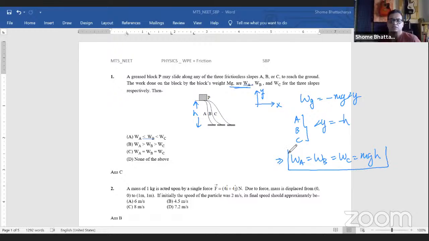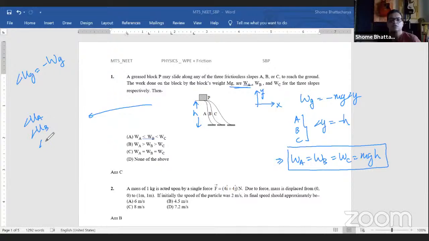That's one way to understand. Another way to understand is that the change in gravitational potential energy is negative of work done by gravity. So in all 3 cases, you can see that potential energy changes by the same amount in all 3. It changes by minus mgh. So the work done should be plus mgh in all 3 cases.